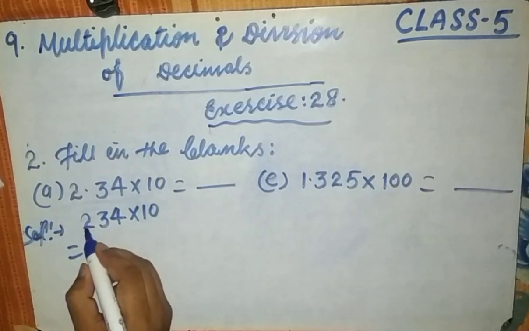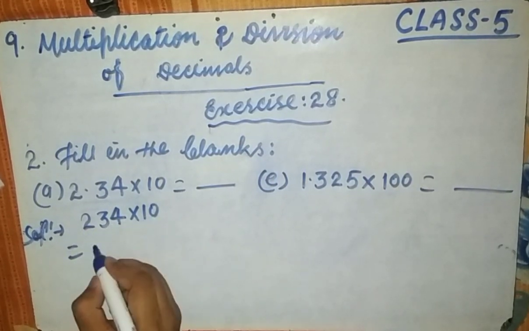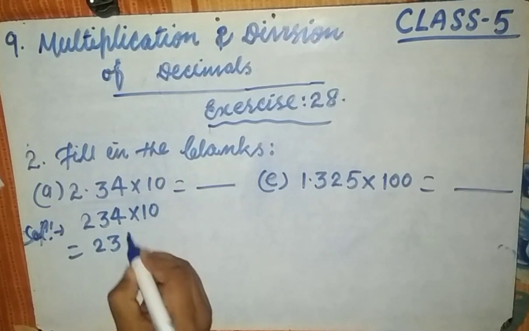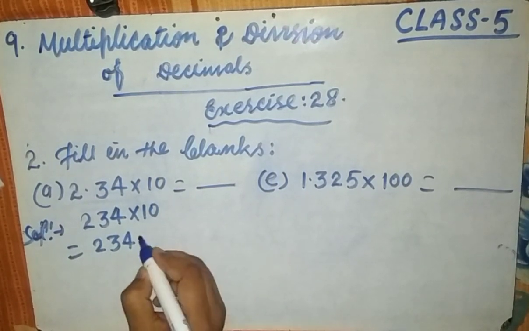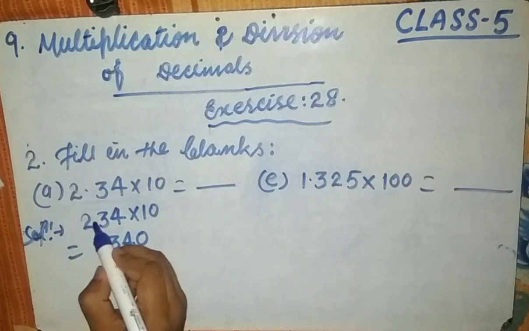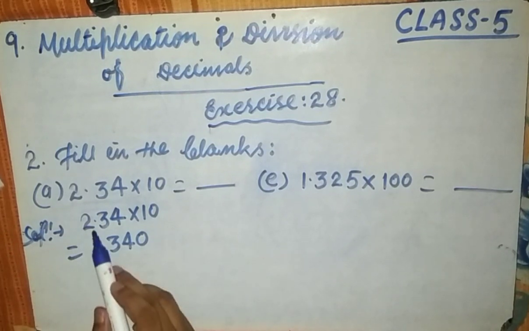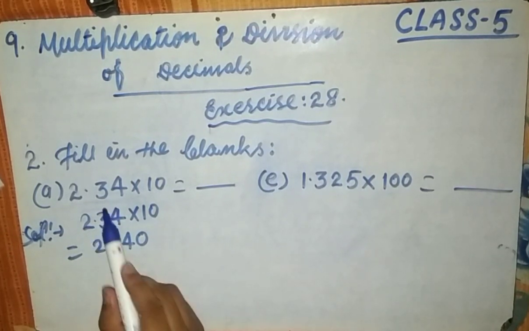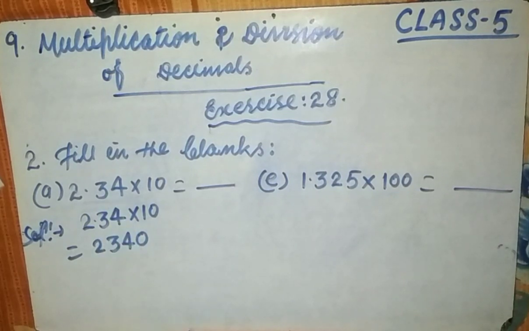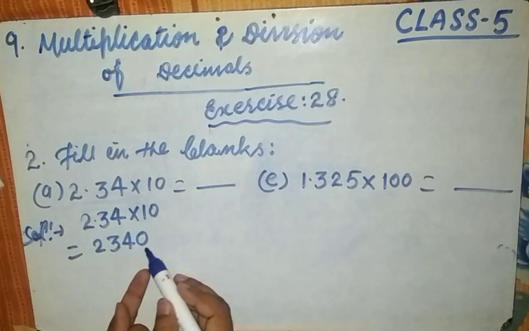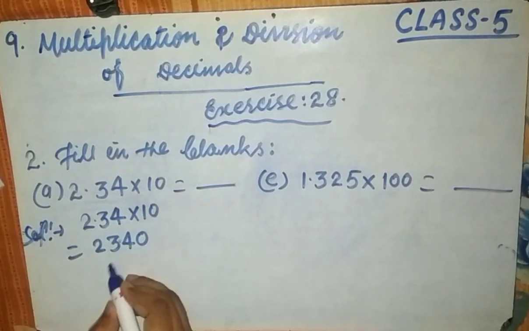That means 234 times 1 is as it is, and this is 1 times 0. You can write the decimal, it doesn't matter. Have a look. Now count how many digits after the decimal. So there are 2 digits, 1 and 2, and we have to place the decimal here after counting 2 digits from the right hand side, 1 and 2. So here this is the answer.